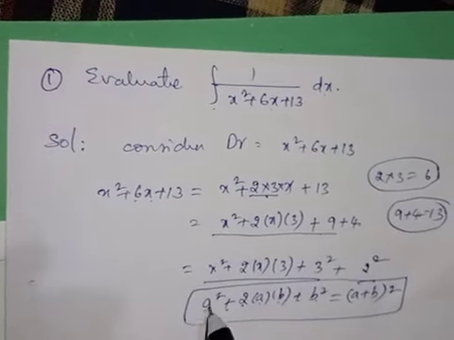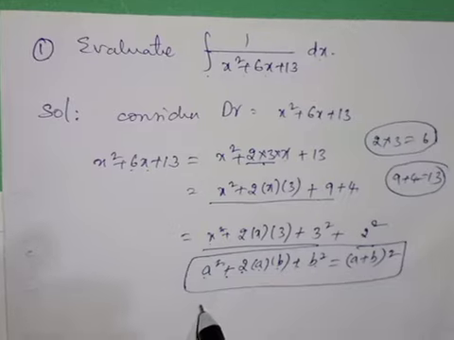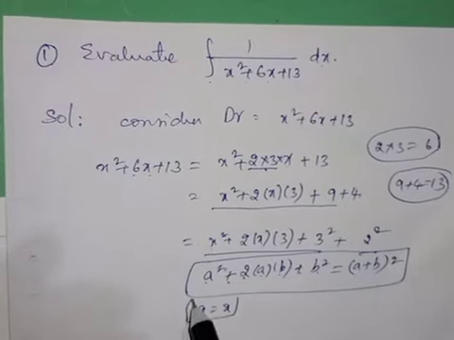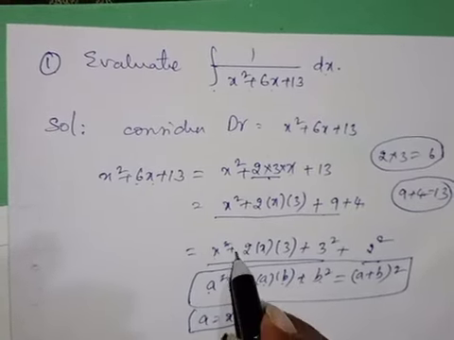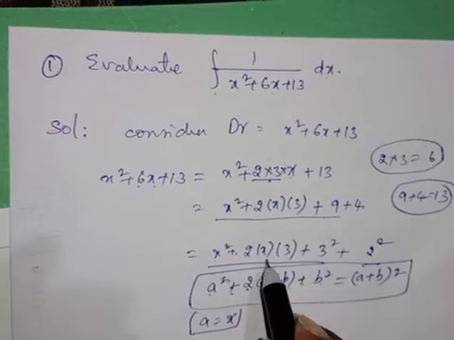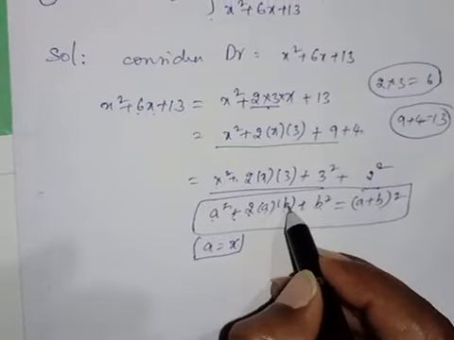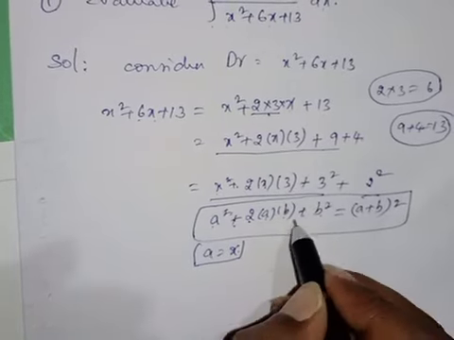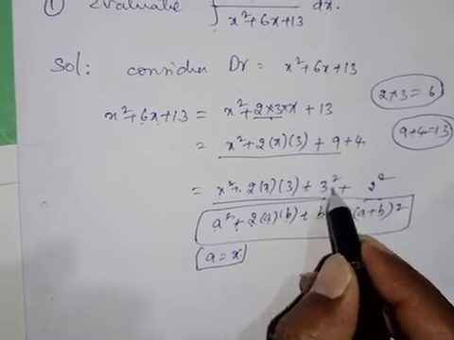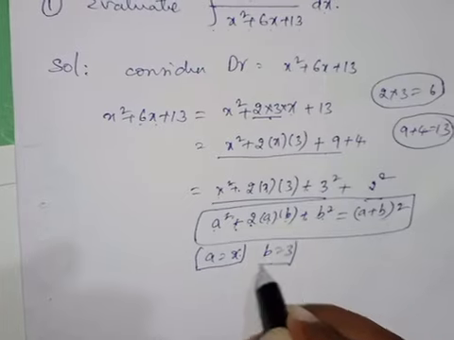So if we compare these, a square, here is x square, so a is equal to x. Next, plus 2 a, here is x, so a is equal to x. Next, into b, here is 3, so plus b square, 3 square, so b is equal to 3.